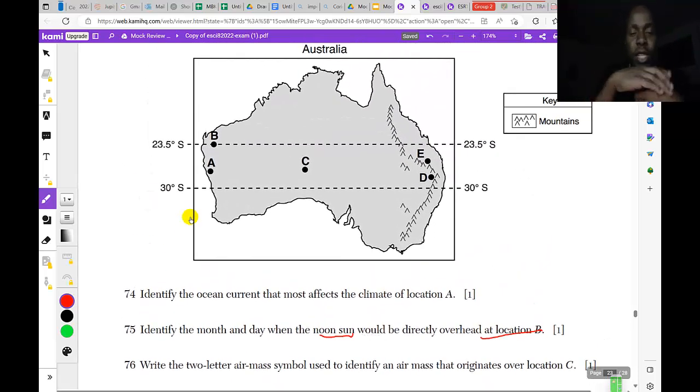It shows the continent of Australia, and it's asking for that location B when the noon sun will be directly overhead of it. So you will notice that the point B is on this broken line, and that broken line is 23.5 degrees south. What is the name of that latitude, 23.5 degrees south, if you recall?